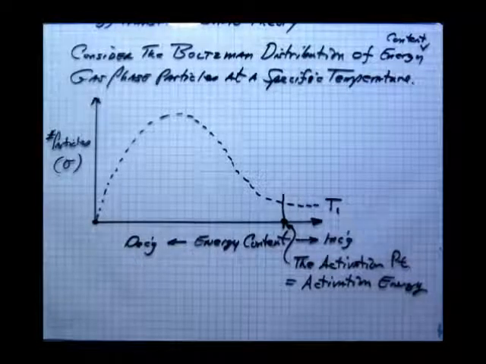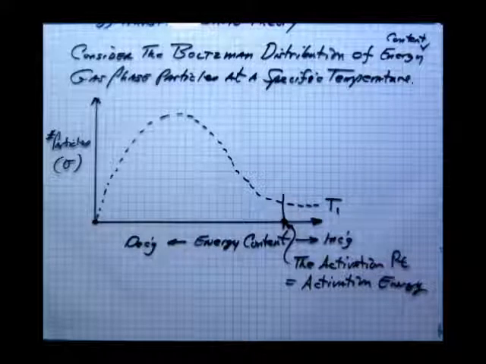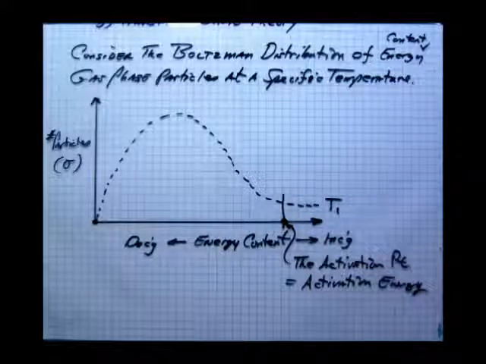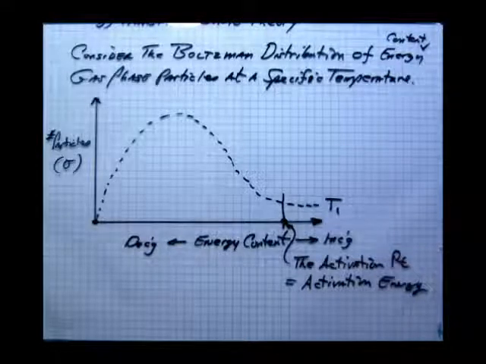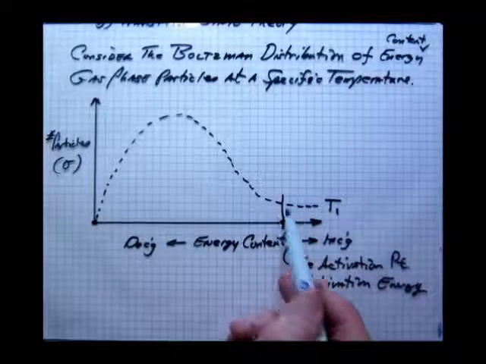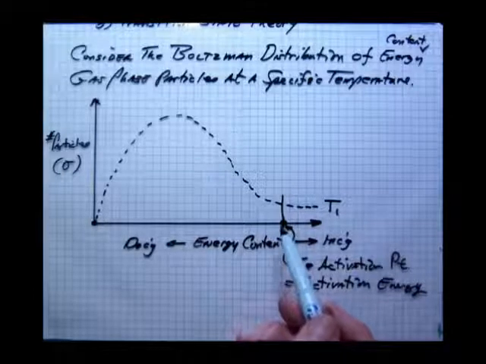Activation energy is the energy needed, or that must be contained within a group of particles, for them to react and proceed to products. Particles with energies less than this particular value do not have enough energy to proceed to products.